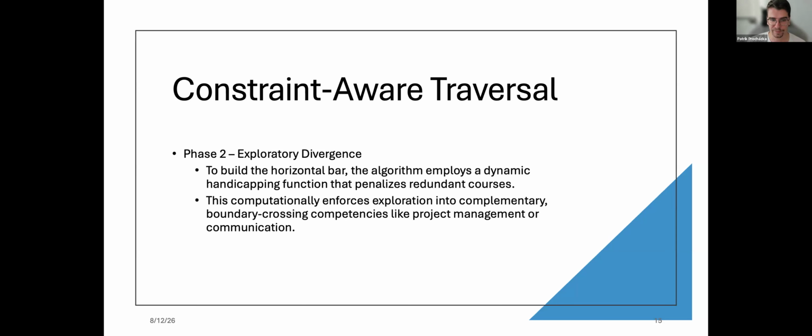And then we have the exploratory phase, where we are building the horizontal shape of the T. That means for the enterprise software engineer, you also need some knowledge about project management, how it works in an agile environment, because most companies develop in agile settings, right?